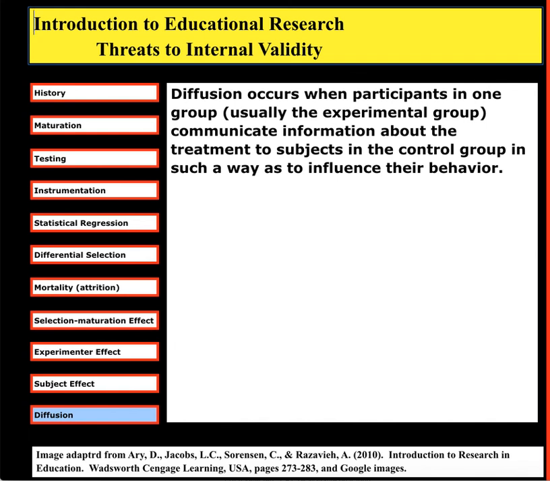And this then may influence the performance of the other teacher who's doing teaching method B, and then this could interfere with the results that are gotten in terms of a change in the dependent variable, or what is being measured. So when participants share or communicate information about the treatment to subjects in the control group, this is referred to as diffusion.